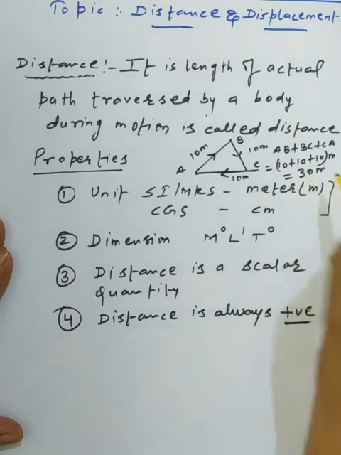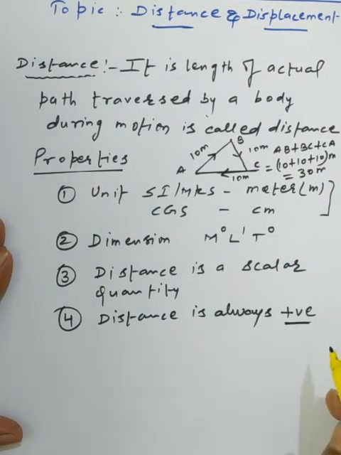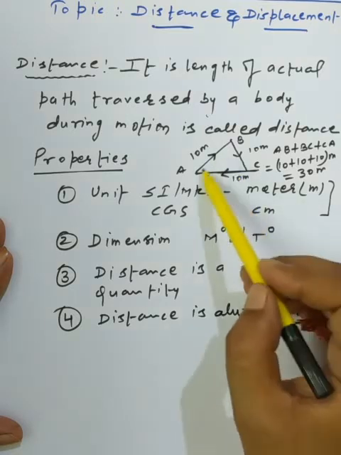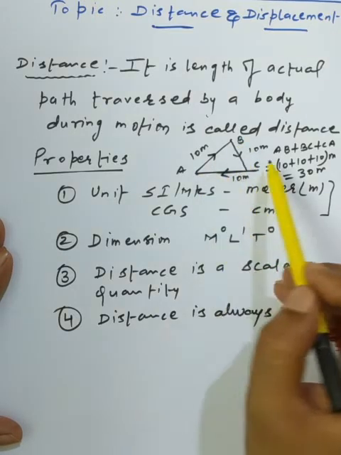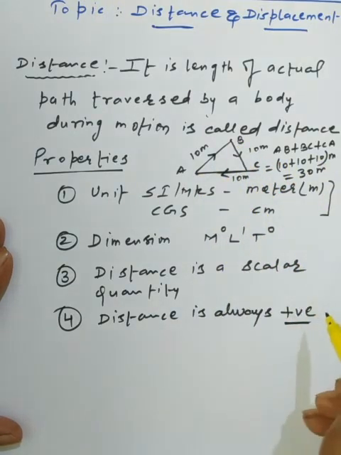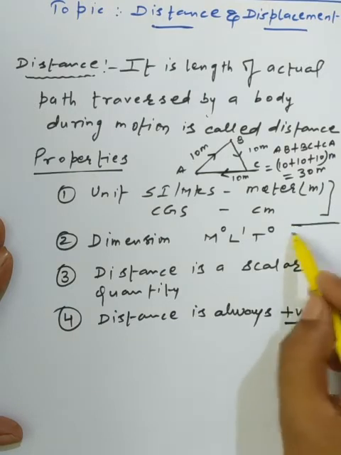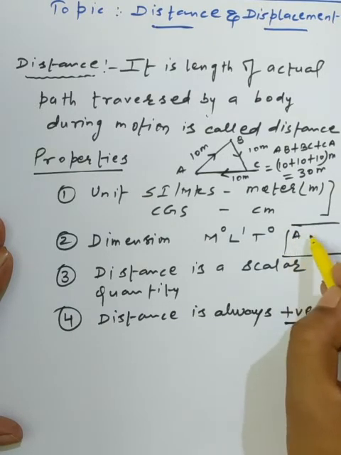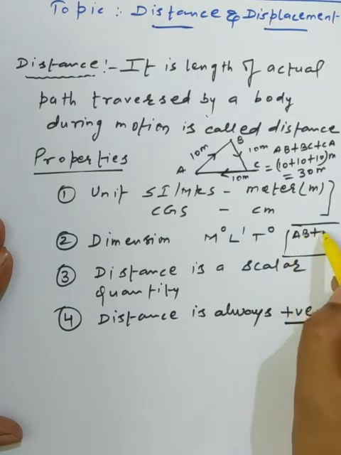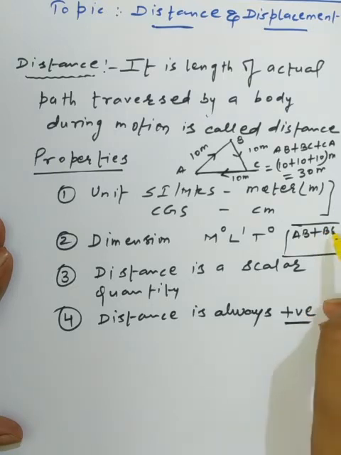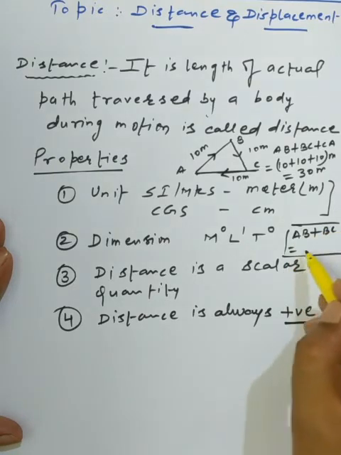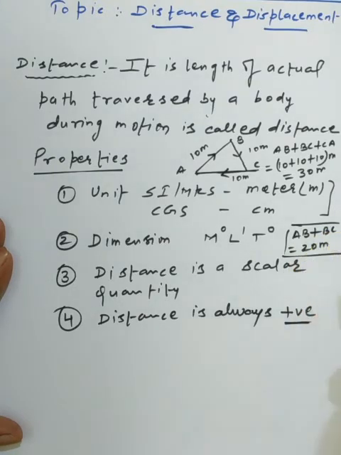Or if the object is moving only from A to B and B to C, the distance traveled during the motion is AB plus BC. This is the geometrical interpretation, and we can easily write that it is 20 meter.